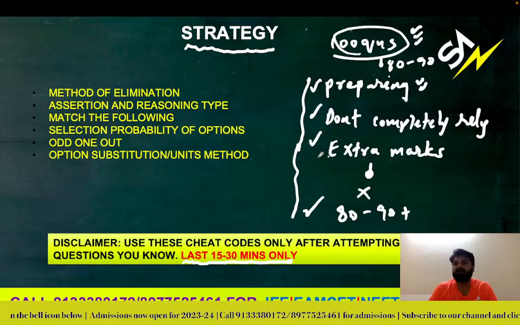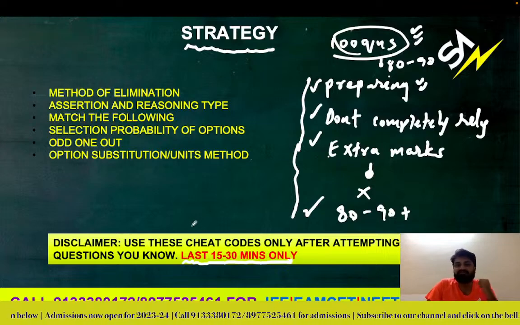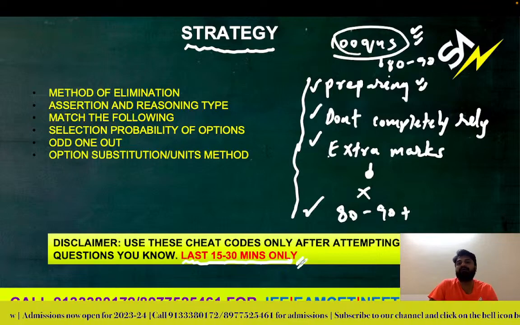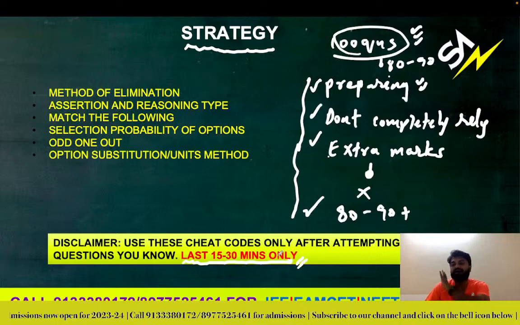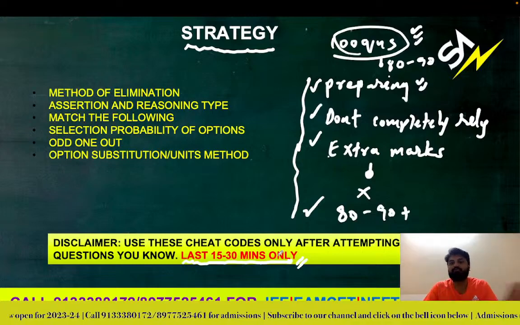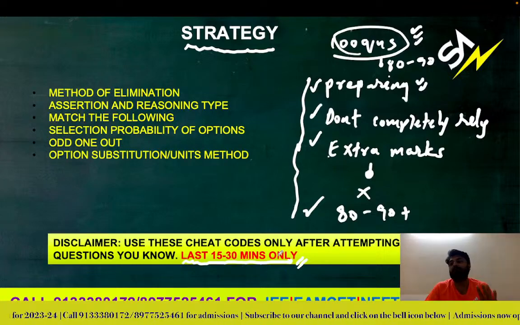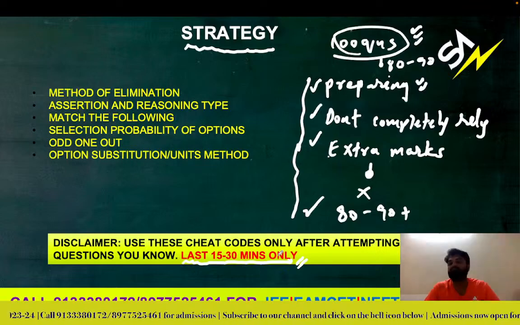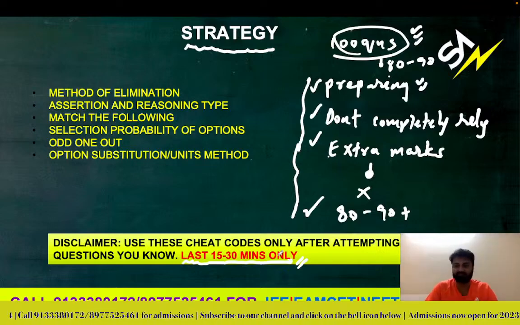So first priority should be to completely attempt the questions. This should be applied only in the last 15 to 30 minutes after solving the complete paper, after 1-2 rounds of paper solve.